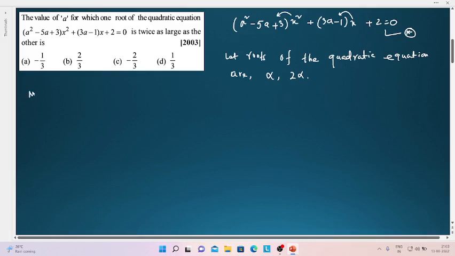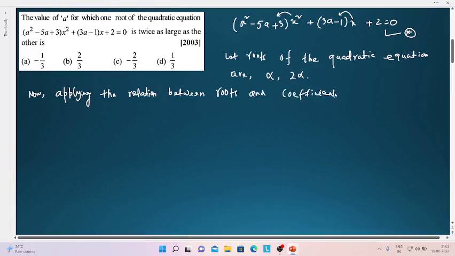Now applying the relation between roots and coefficients, I mean the sum and the product of the roots. The sum of the roots, alpha plus 2 alpha, will be minus b by a.